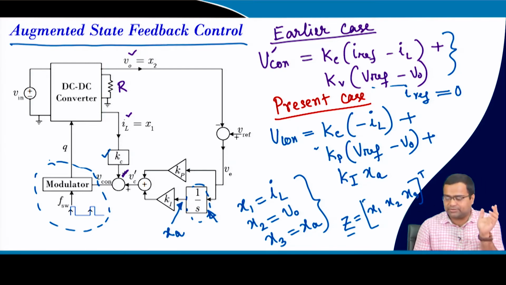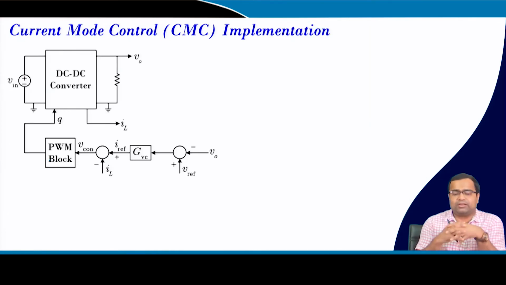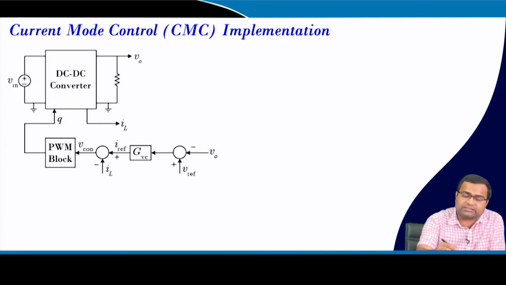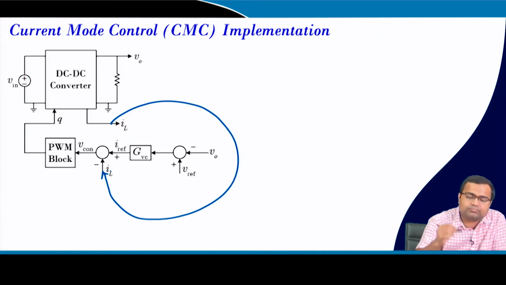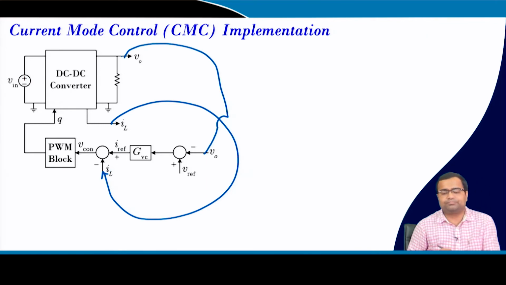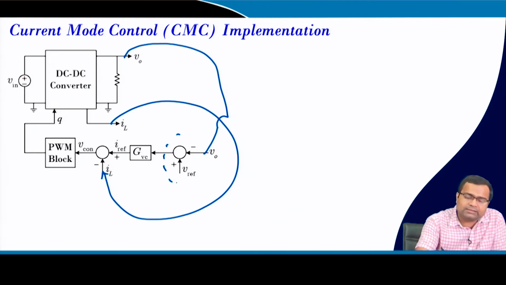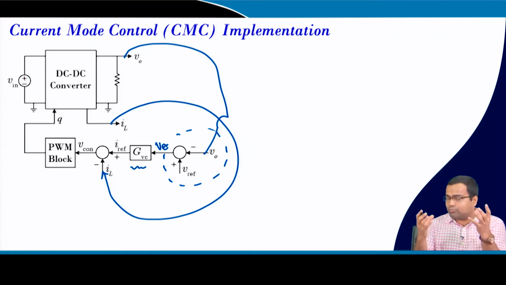which is actually going to control the DC-DC converter. Now, in current mode control, we know the implementation, where there is one loop which is the inner current loop, and there is another loop which is the output voltage loop. This is the output voltage loop. That means the output voltage is compared with the reference voltage, and this gives us the error voltage, and then the error voltage is the input to a voltage controller.